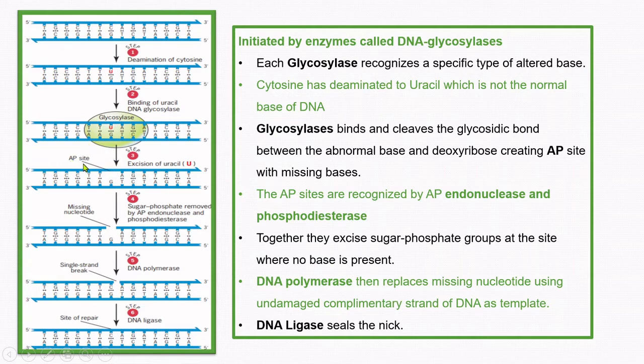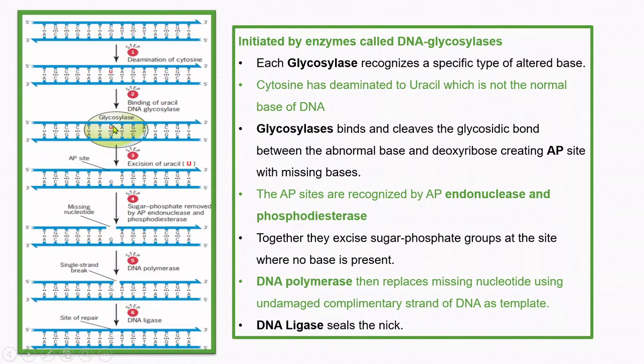The AP site is recognized by the enzymes endonucleases and phosphodiesterases, and together endonuclease as well as phosphodiesterase cut or excise the sugar phosphate groups at the site where there is no base present, and that is the cut part of the mechanism. DNA polymerase then replaces this missing nucleotide.